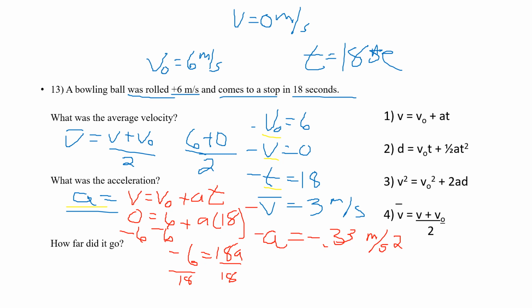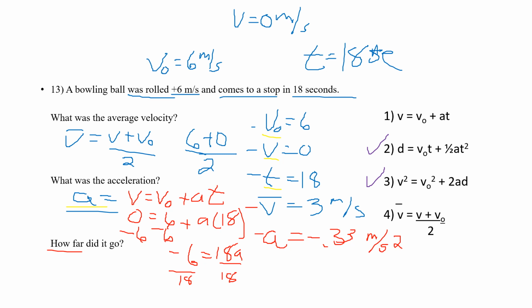So the last thing is to look for how far. I want you to know now there are actually multiple correct ways to solve for the answer. I actually have enough variables to use either equation 2 or 3, depending on your preference. It doesn't matter which equation you use, you will get the same answer.